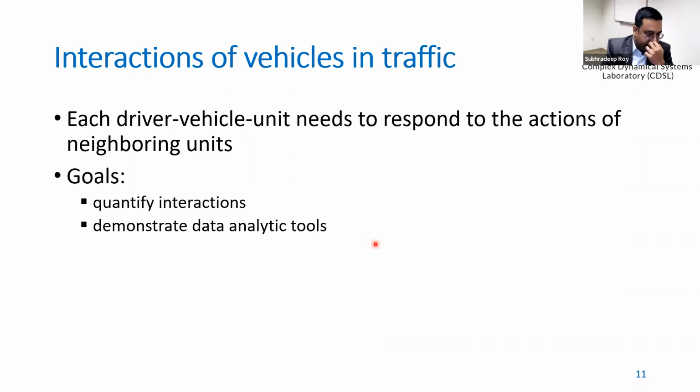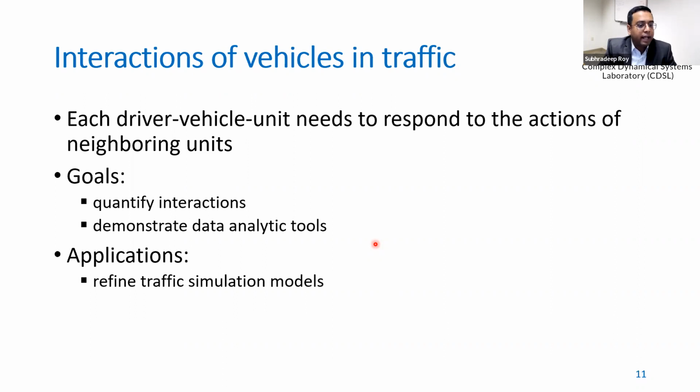So the goal here is how we can quantify these interactions and what data analytic tools we can use to quantify them. Those are the main things I will demonstrate. If we can quantify interactions, there are a lot of things we can achieve. For example, we can refine the traffic simulation models that currently exist. These simulation models are based on assumptions of the nature of interactions between drivers.